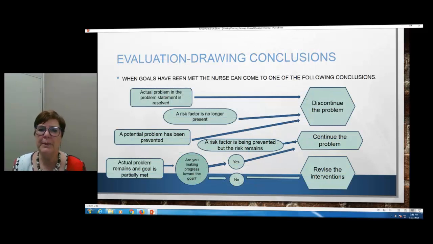So when goals have been met, the nurse can come to one of the following conclusions. The actual problem in the problem statement is resolved. So let's say that the patient that we've talked about all through these presentations that has pneumonia, with the sputum they're trying to get rid of, the problem that we set out was ineffective airway clearance.